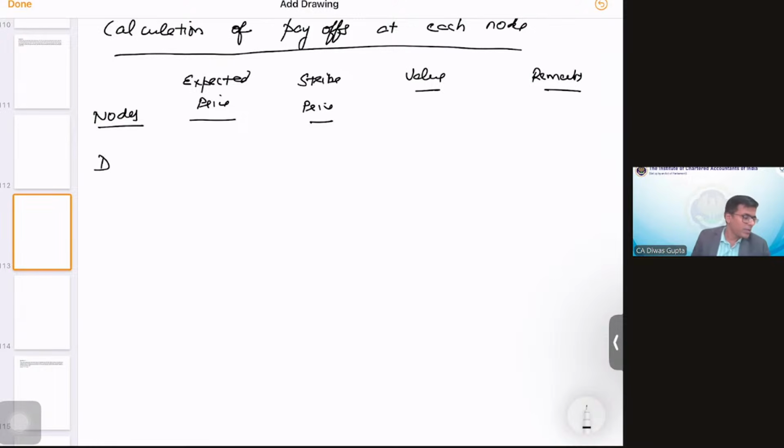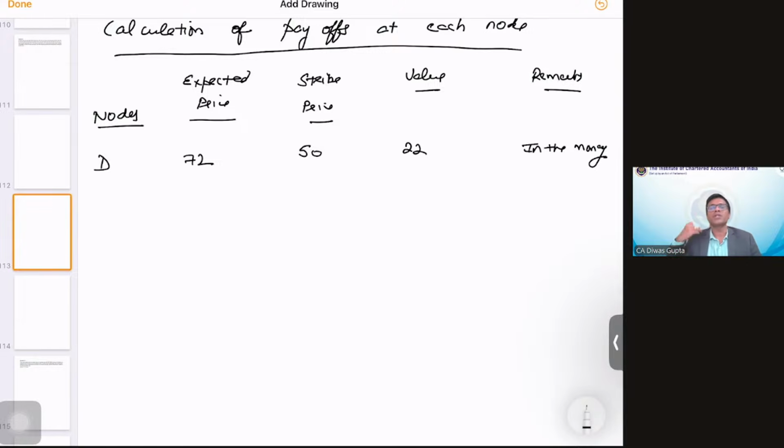Perfect. So on the D node, what was the expected price? 72. Strike price is 50. So the value is 22 and it is in the money, students, because it's a call option.